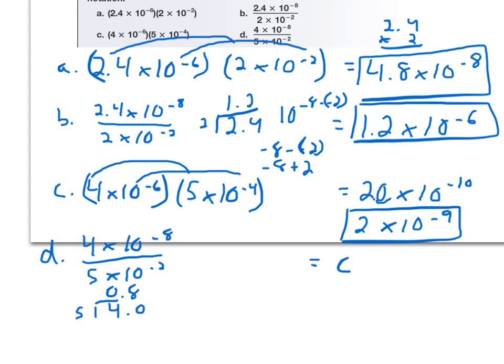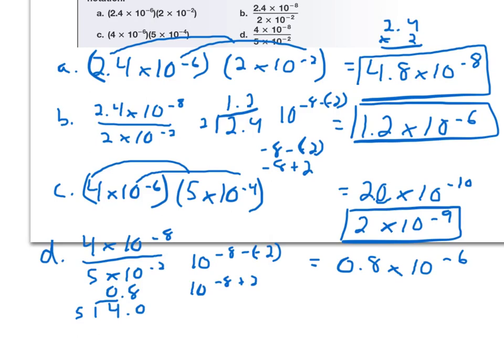So this is 0.8 for our first part, times 10 to some power. And with our exponents, we're going to have 10 to the negative 8 minus negative 2 power, which is the same as 10 to the negative 8 plus positive 2 if we change it to addition. So that's 10 to the negative 6th again. We just did one like that a little bit ago.